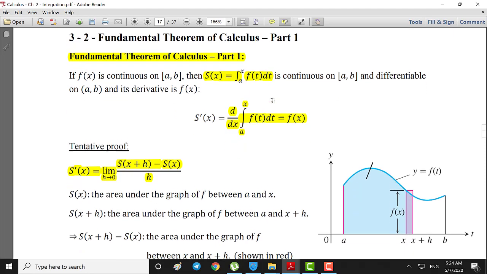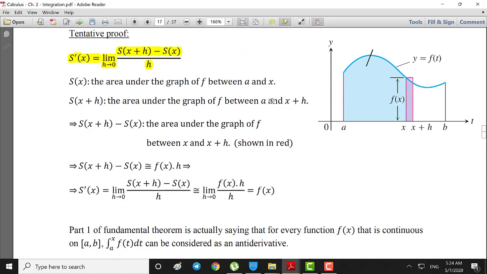Okay? Now, look at this graph here. If the function f is the function denoted with the blue line, then the function s, because it is equal to the integration from a to x of f, is equal to the area under the curve of f starting from a and finishing at x. So s of x is equal to this area in blue.